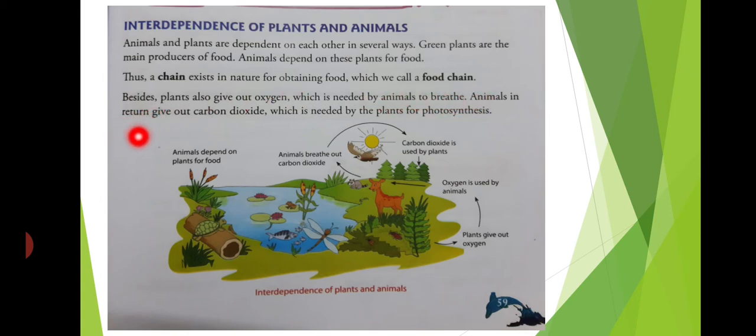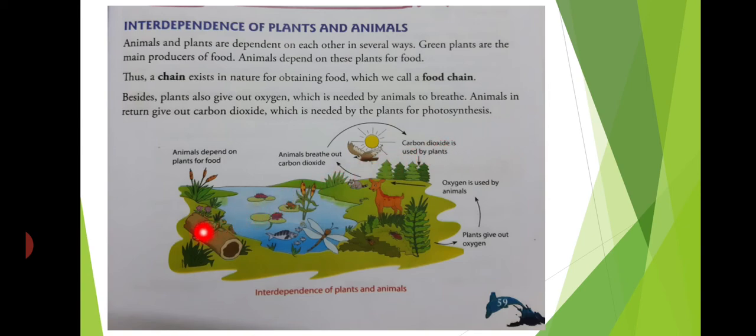And besides, plants also give out oxygen, which is needed by animals to breathe. And animals in return give out carbon dioxide, which is needed by the plants for photosynthesis.